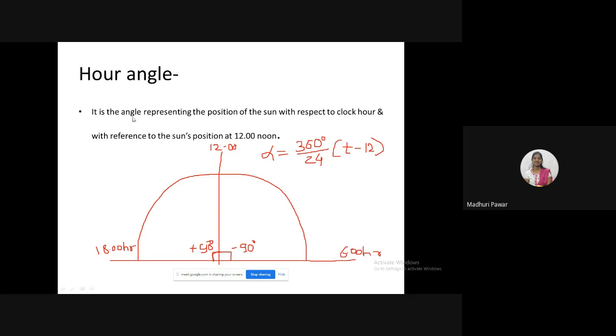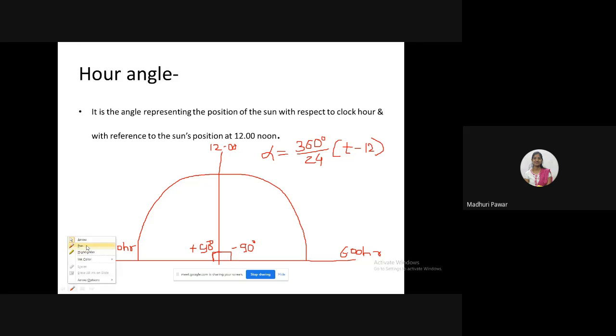So the hour angle is the angle representing the position of the sun with respect to the clock hour, with reference to the sun's position at 12 o'clock. 12 o'clock means 12 p.m. By keeping this time as a reference, we are measuring the hour angle of the sun.